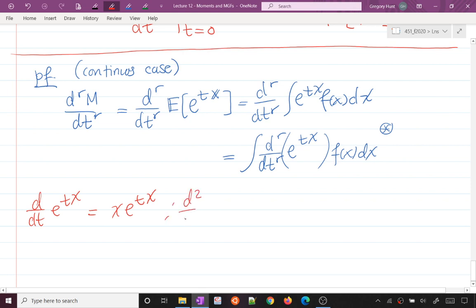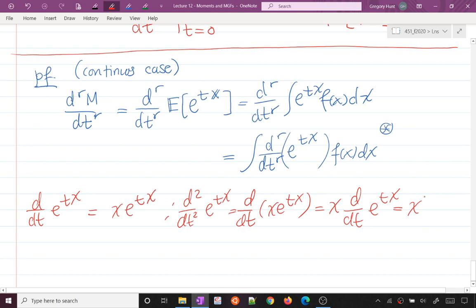Let's do d^2/dt^2 of e to the tx, which is d/dt of x e to the tx. X is a constant, so that can come out. It's x times d/dt of e to the tx, and we pull down another x. So you get x squared e to the tx.